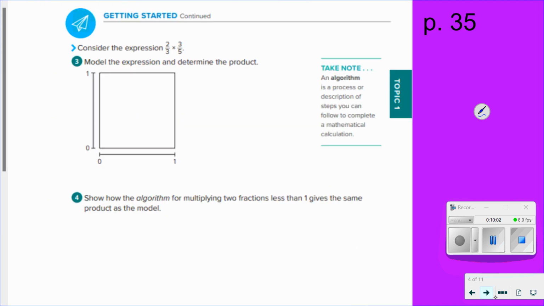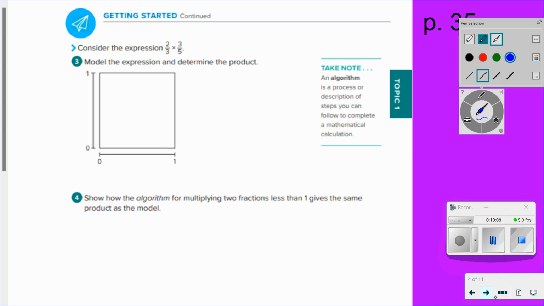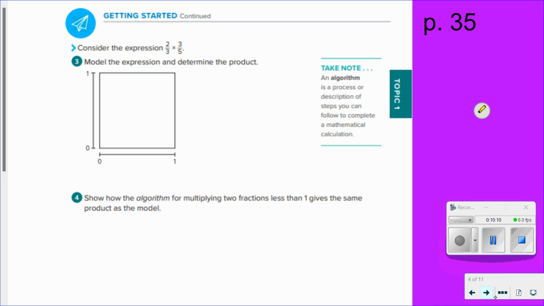So we are now on page 35. We have a side note here, so everybody should already have your highlighters. Let's take note of our term. This was the one we gave you on your opening exercise. Or let me be fully honest, Miss Einhorn gave you on the opening exercise because she's one that's willing to do the work to put that together. The algorithm is a process or description of steps you can follow to complete a mathematical calculation.